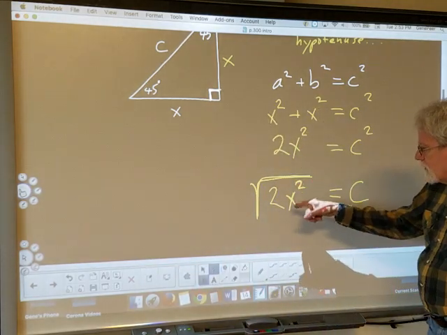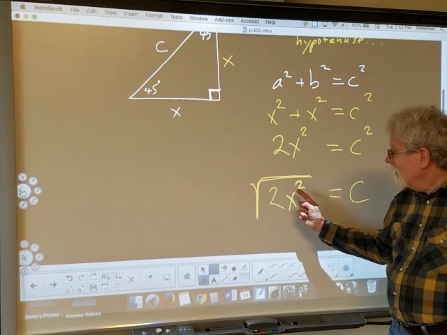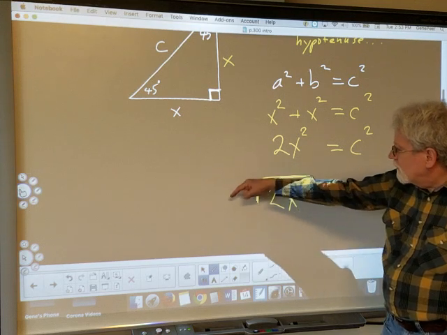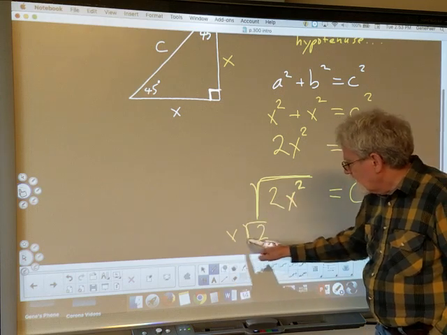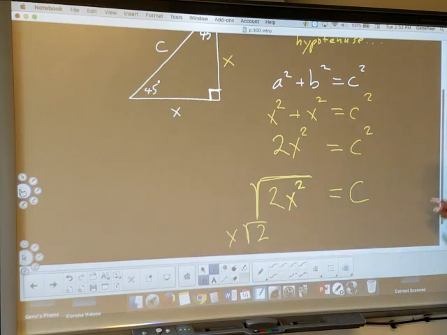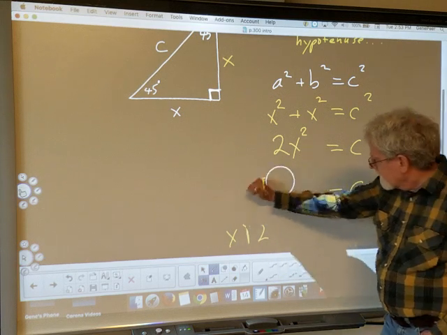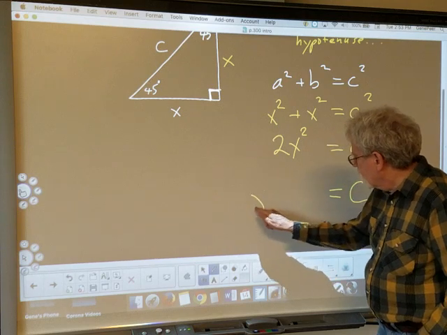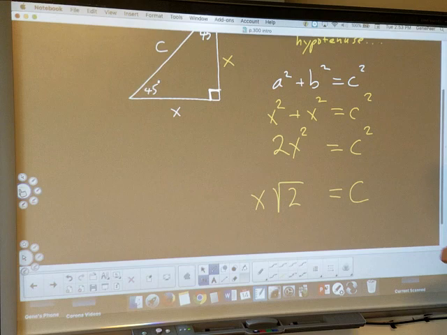So that x can, you know the word, come on, say it. Pa-ching! The x squared pa-chings out, but the 2 can't come out, so we end up with x times the square root of 2. Can I simply erase this and replace that with this? x times the square root of 2. Oh, that is a grand conclusion.